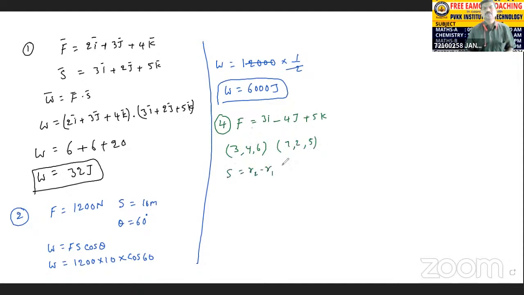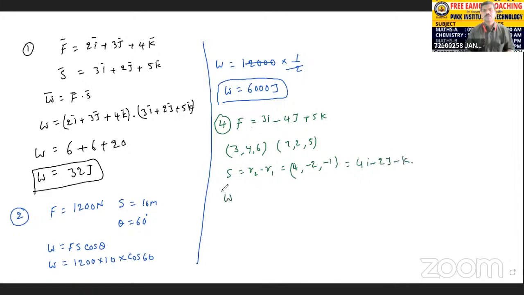So subtract these two. This is X1, Y1, Z1, X2, Y2, Z2. 7 minus 3, 4. 2 minus 4, minus 2. 5 minus 6, minus 1. So in vector form, that is equal to 4I minus 2J minus K.